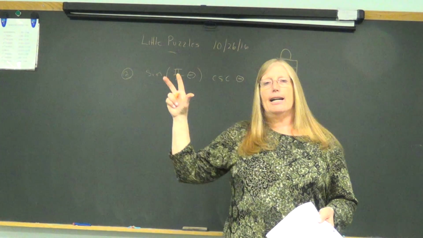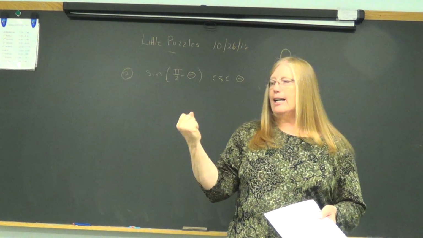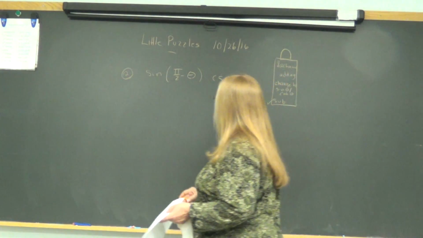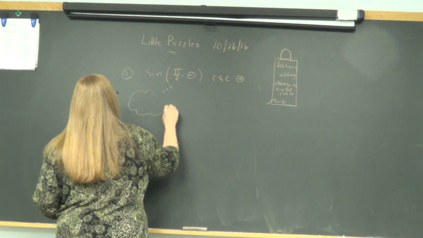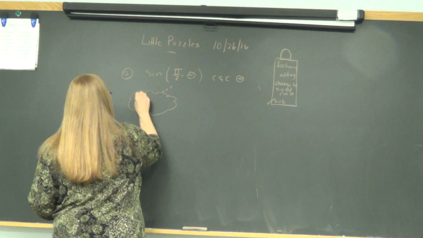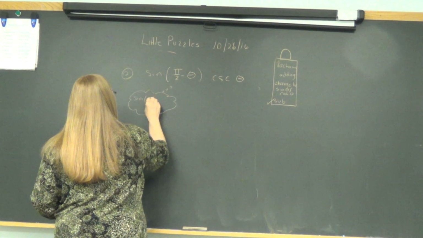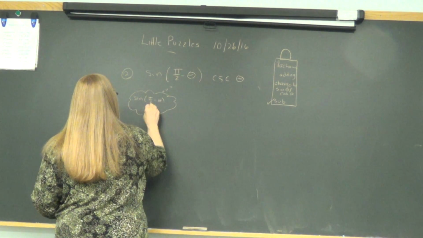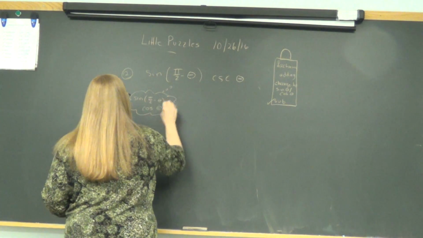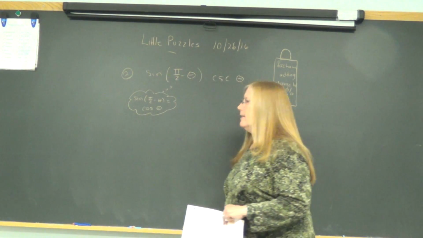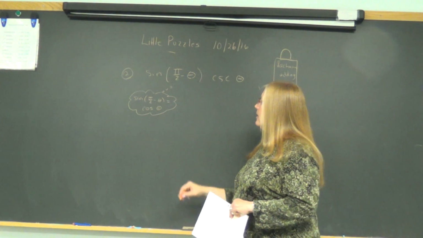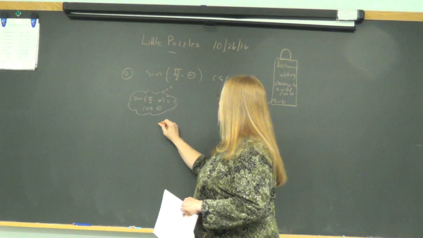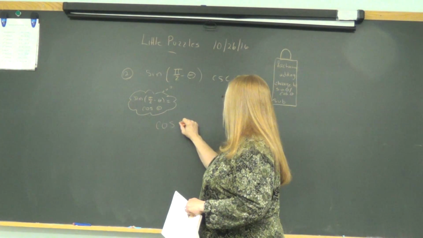Here's what she's thinking: sine of the other angle is cosine of the angle. So there is a relationship that exists between sine and cosine, and that is it. So I can express this with just cosine of theta.